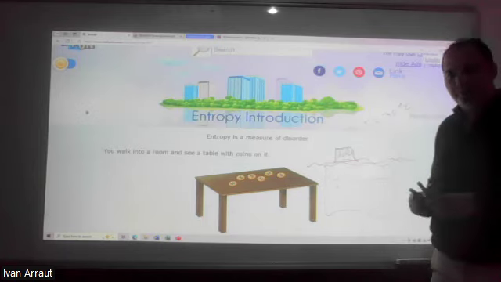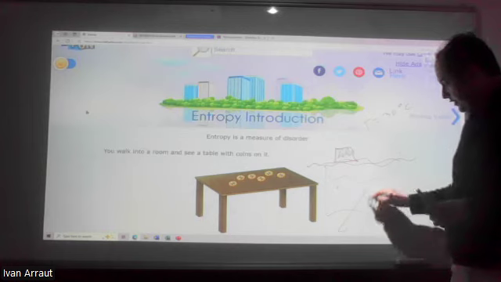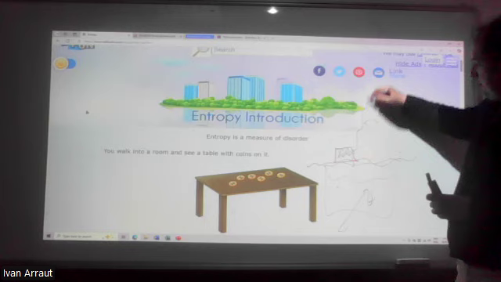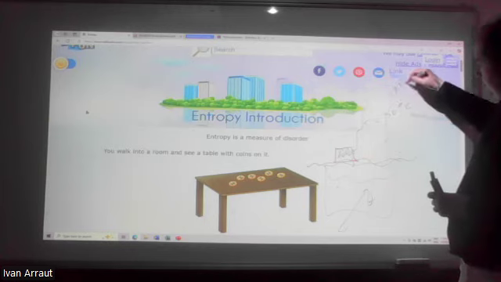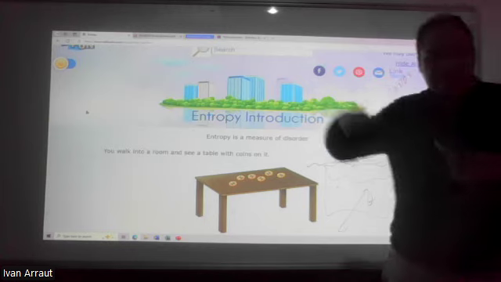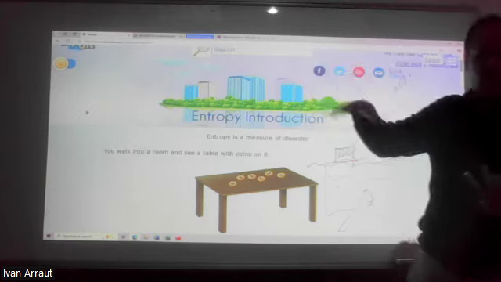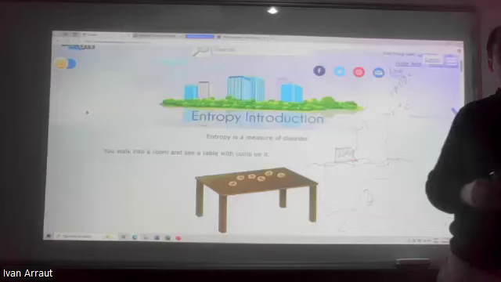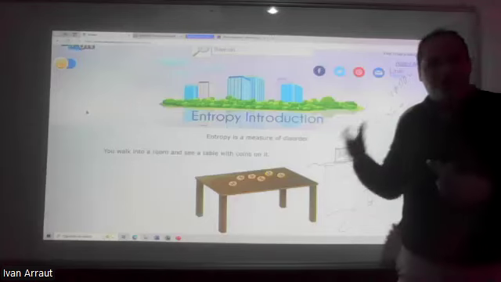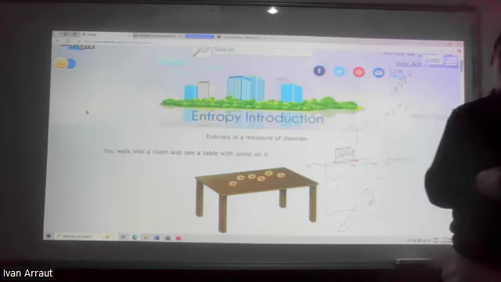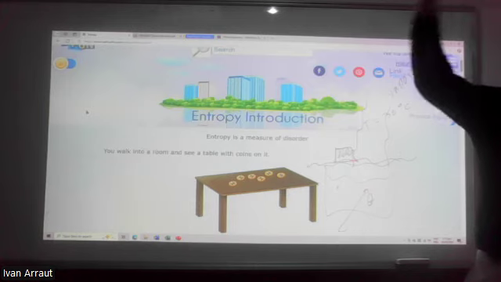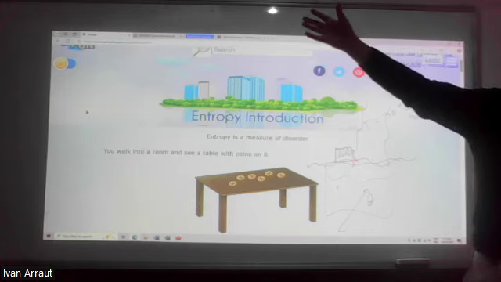Now, if you start to input heat here, and it becomes vapor, it evaporates. Then the entropy increases also, because now it's even more difficult to locate one molecule of water. The molecules have more chances to occupy whatever they wish.